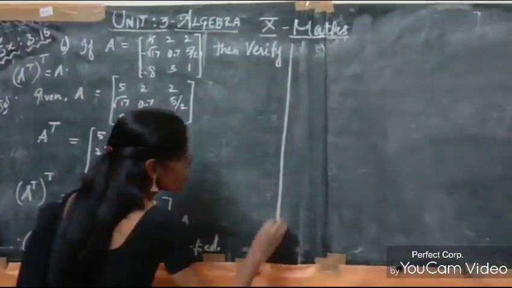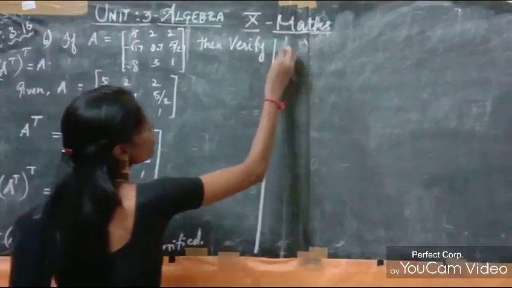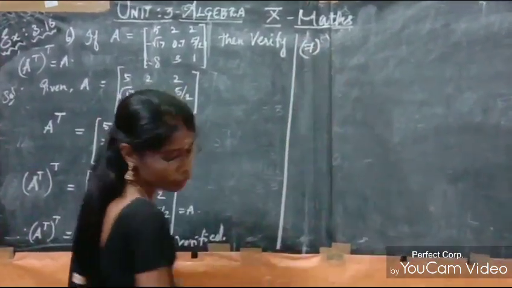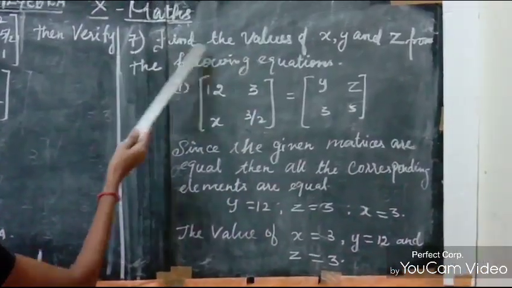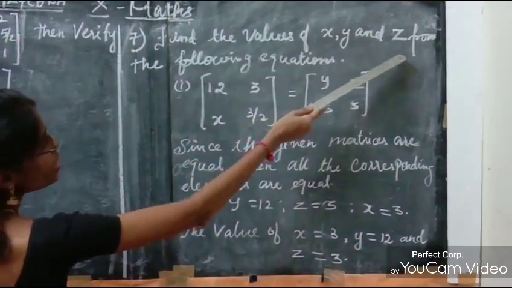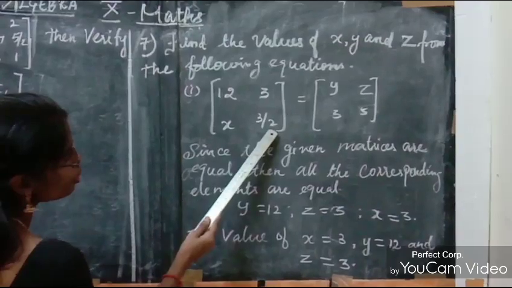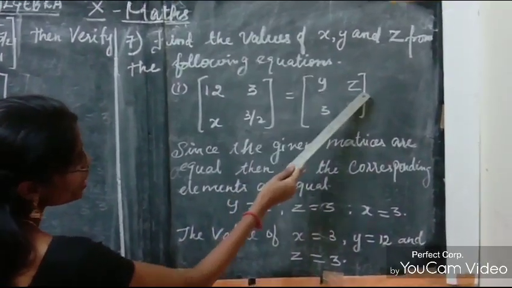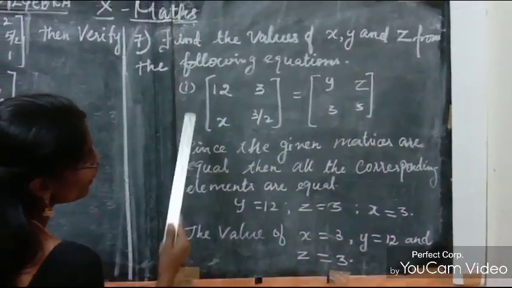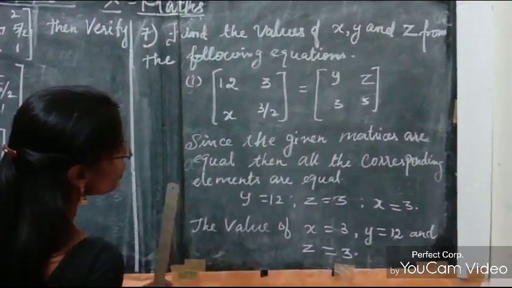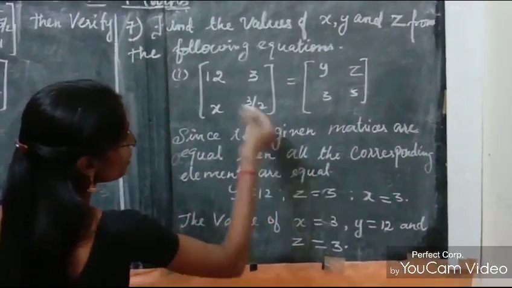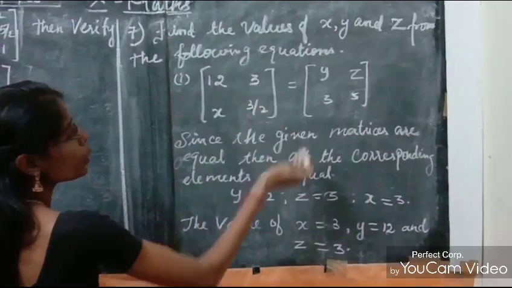Next, seventh sum. Find the values of x, y and z from the following equations. Since the given matrices are equal, all the corresponding elements are equal.